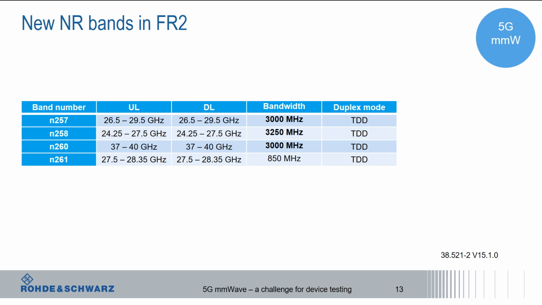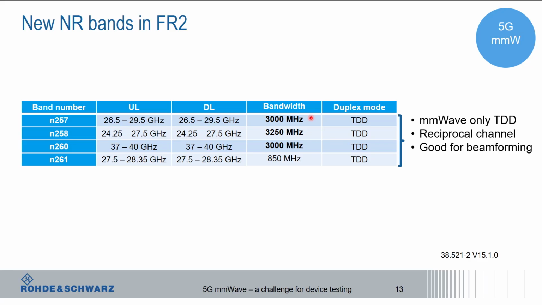And then you have 39 gigahertz, which is this band N260, which is 37 to 40 gigahertz. What you can see here right away is that these bands really support a really high bandwidth, 3 gigahertz worth of bandwidth. That means, of course, a lot of capacity and a lot of data.